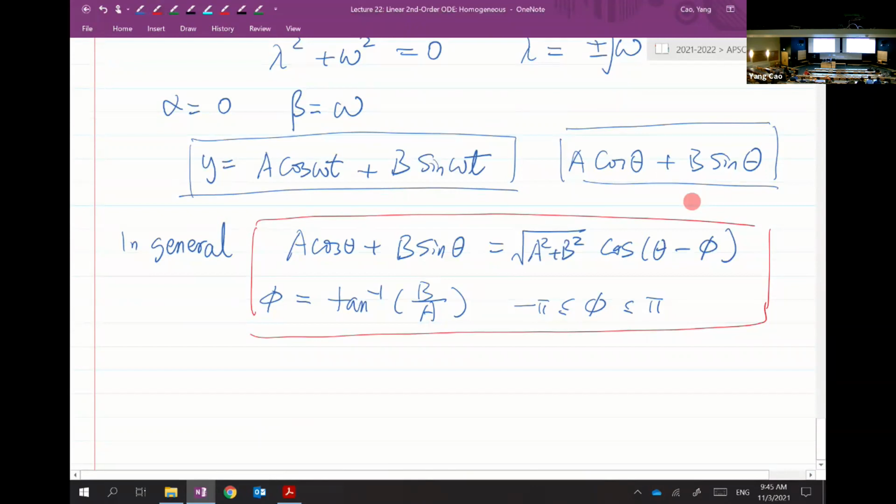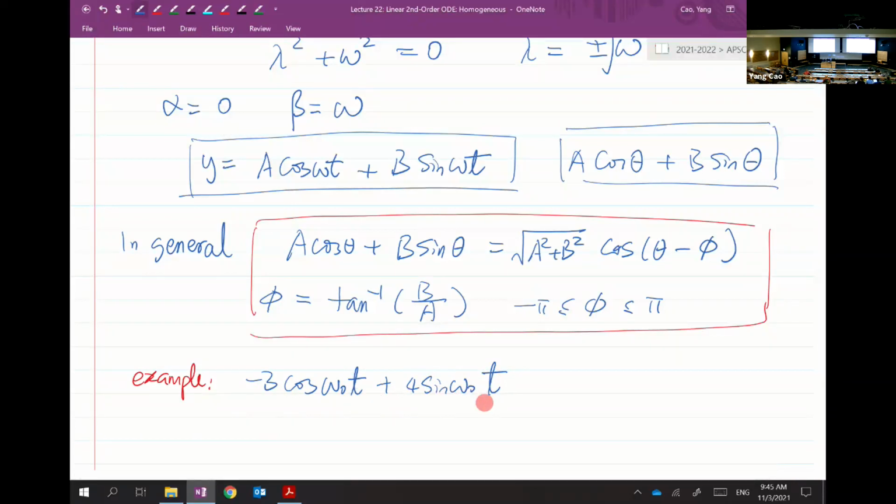So let me give you one example. Let's say I have -3 cosine omega naught t plus 4 sine omega naught t. So I'm adding these two terms together, and I want you to express this in a single sinusoidal function.